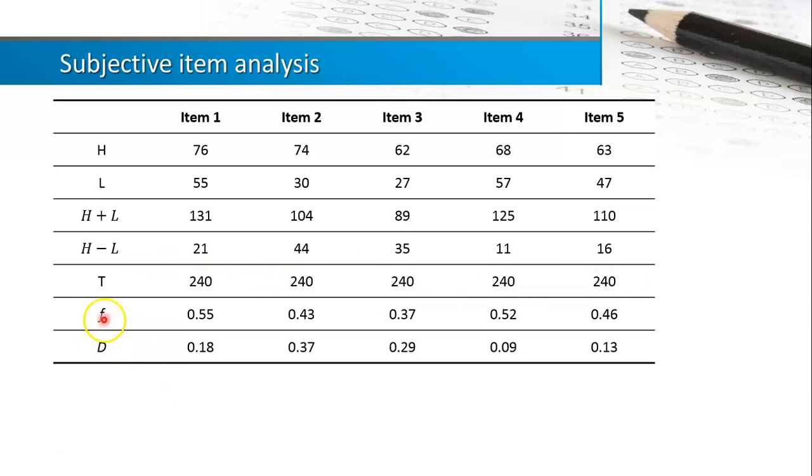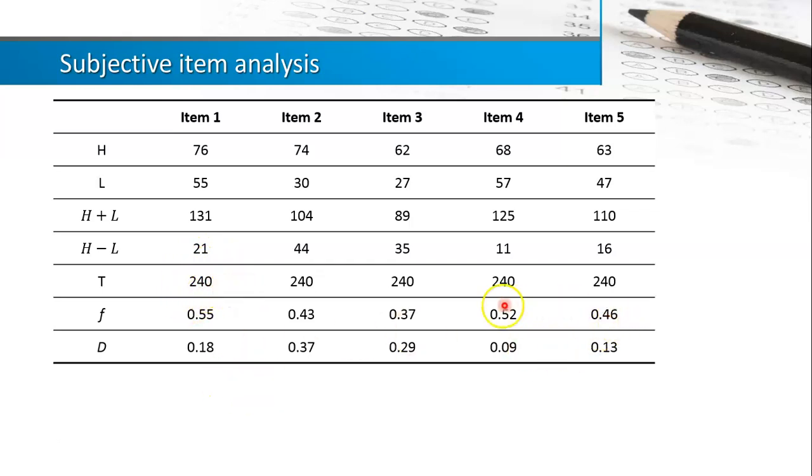Then we can calculate F. So F for item 1 is 131 divided by 240, you get 0.55. While the discrimination is 21 divided by 120, because half of 240 is 120.